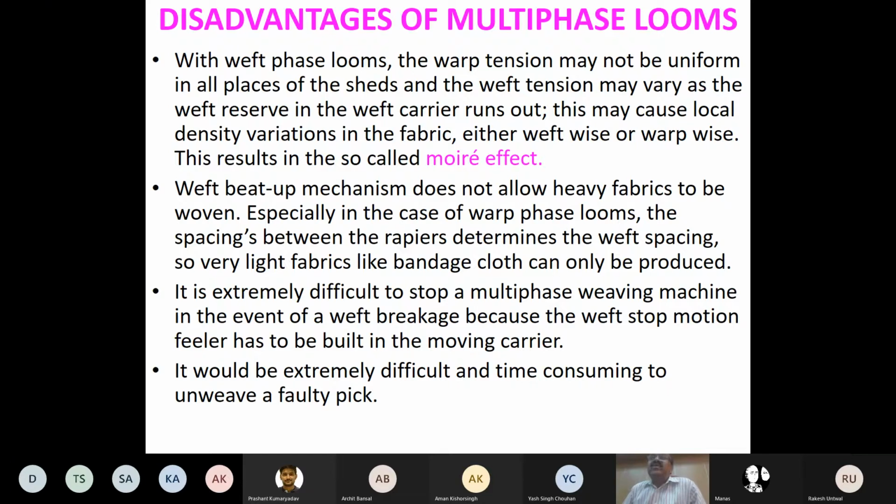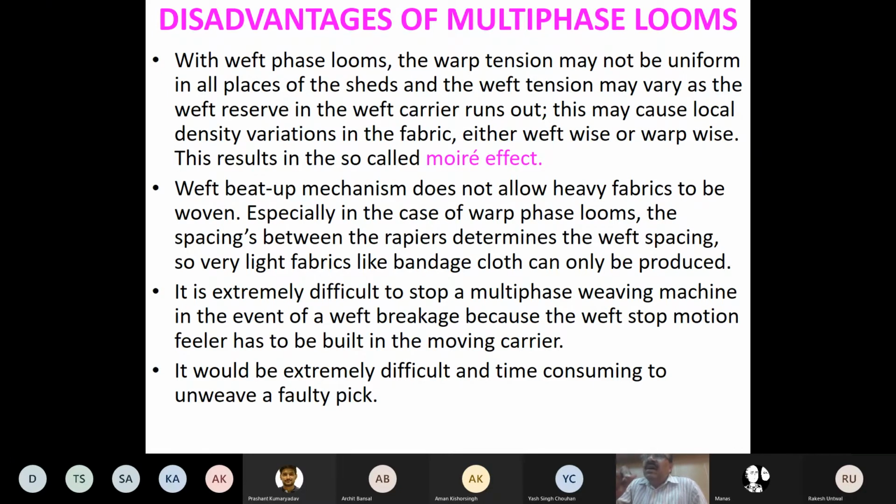With weft phase looms, the warp tension may not be uniform in all places of the sets, and the weft tension may vary as the weft reserve in the weft carrier runs out. Meaning, as weaving proceeds, the weft package gets reduced in volume of yarn.